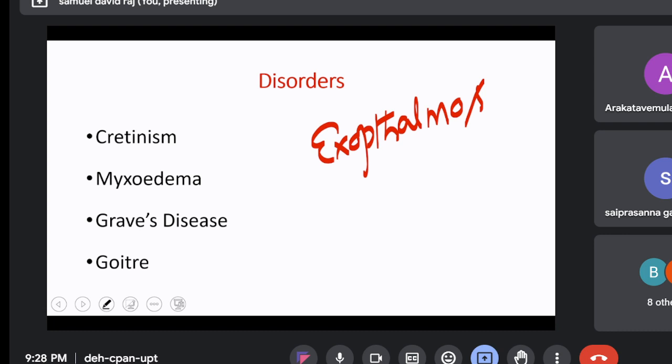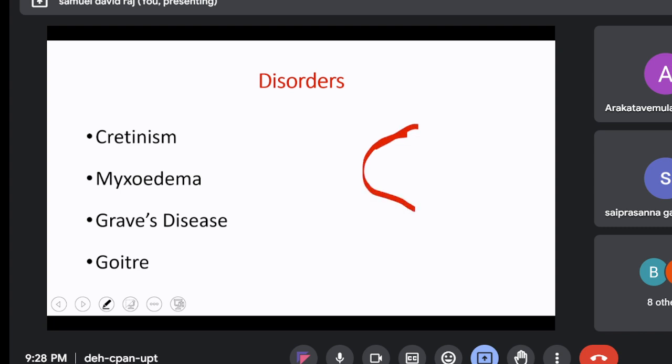What is the exophthalmic condition? Here, exo plus ophthalmos. What is exo? It means outside. Ophthalmos means eye. So when someone closes his eye, what happens?